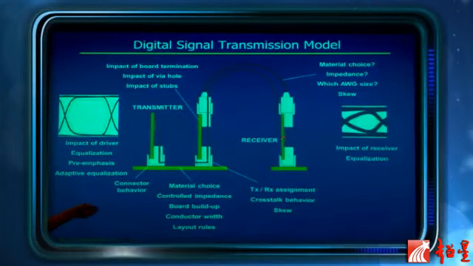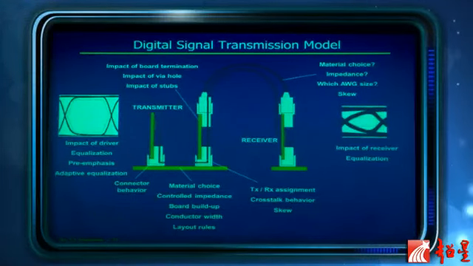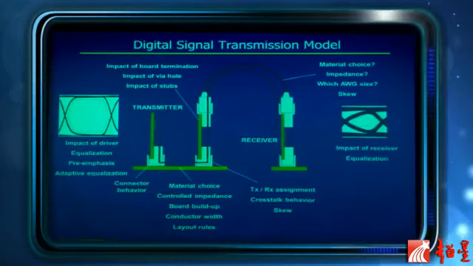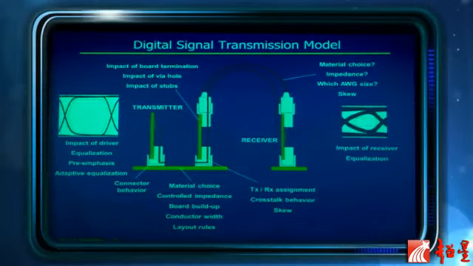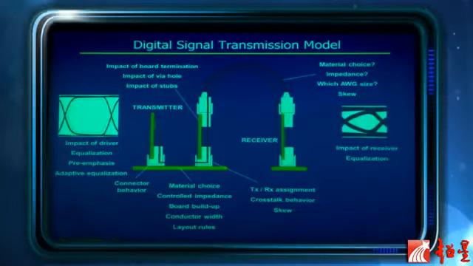Once the receiver receives it, that signal becomes distorted. That's okay, right? The good thing about a digital system is that it can take this distortion. That's why we design digital systems. We can afford to have a little bit of distortion as long as the signal can still be recognized as logic 1, logic 0.